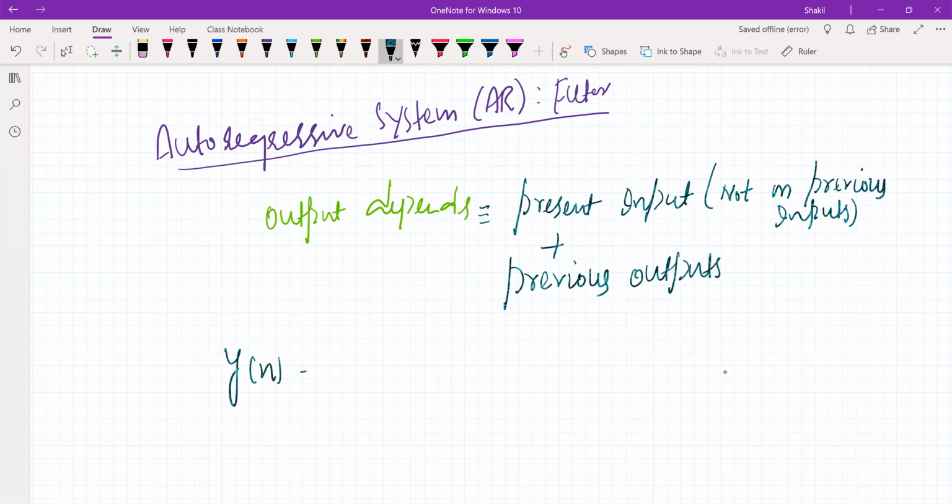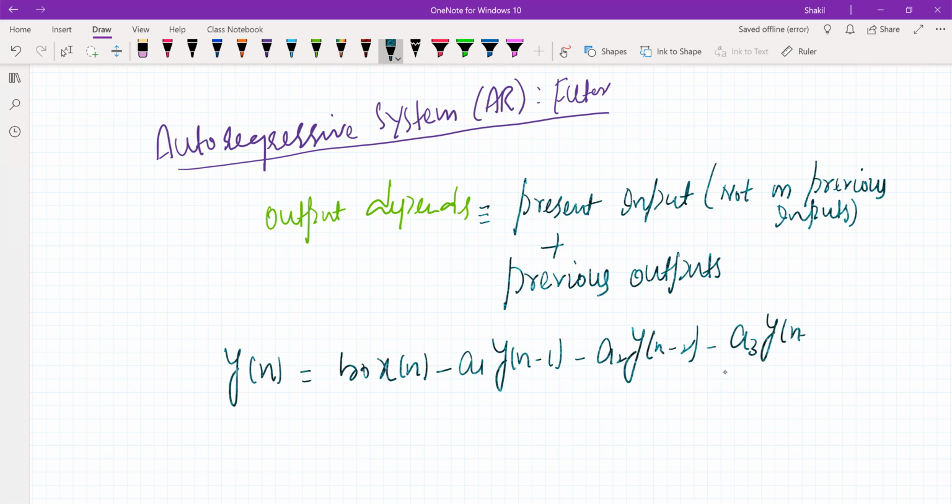This means y of n will be equal to b naught x of n minus a1 y of n minus 1, minus a2 y of n minus 2, minus a3 y of n minus 3, and so on.